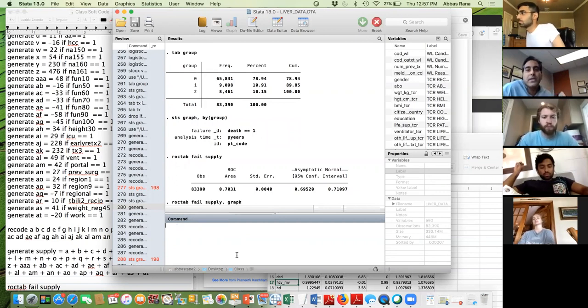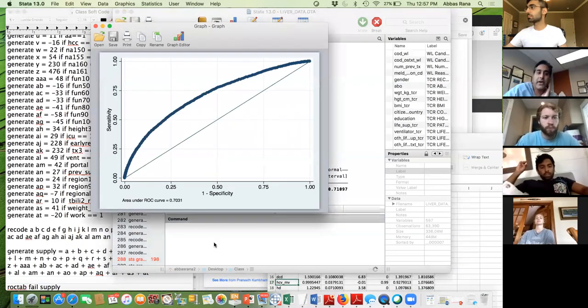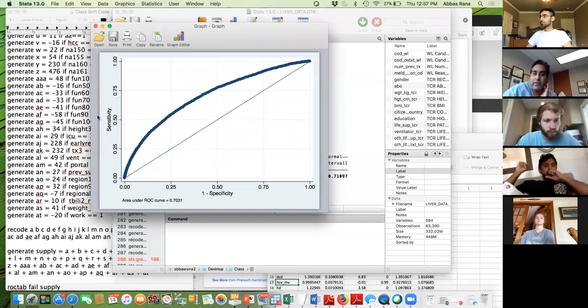So it becomes good, but it's not used clinically because it's not good enough. You need about 0.8. And so this is the area under the receiver operating curve. These are all my patients and how they did in terms of true positive and false positive. True positive rate is the y-axis, and false positive rate is the x-axis. Exactly. So that's it. But this is good enough.